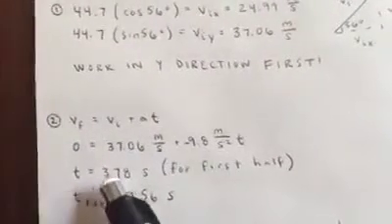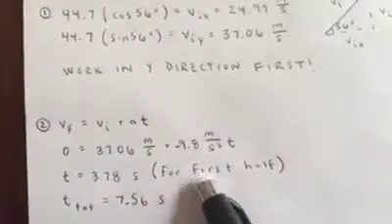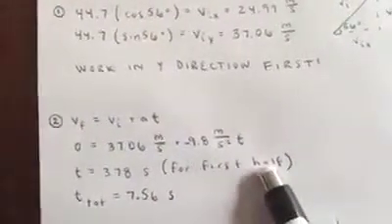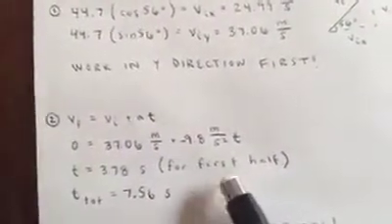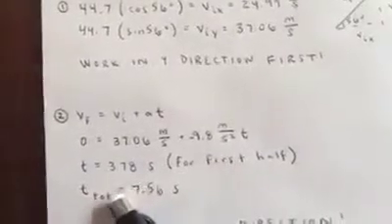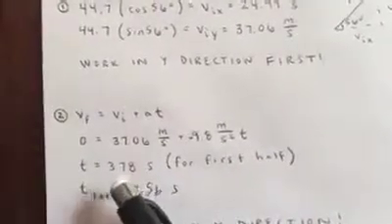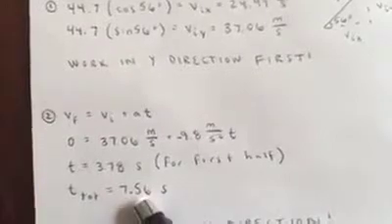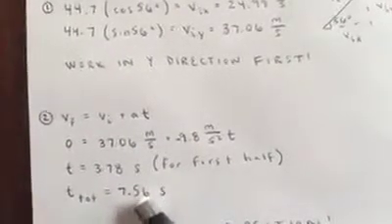So T equals 3.78 seconds for the first half. Now here we're obviously assuming that it's a perfect trajectory and it's perfectly symmetrical. So to find T total, we'll just multiply 3.78 times 2 to find 7.56 seconds for the total flight time.